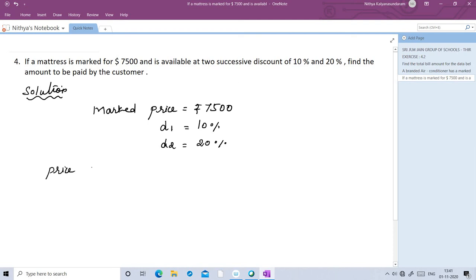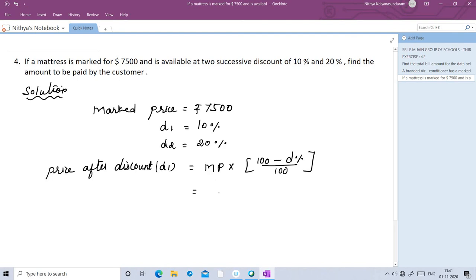Price after discount D1, the first one, is 10%. So marked price into 100 minus discount percentage divided by 100.